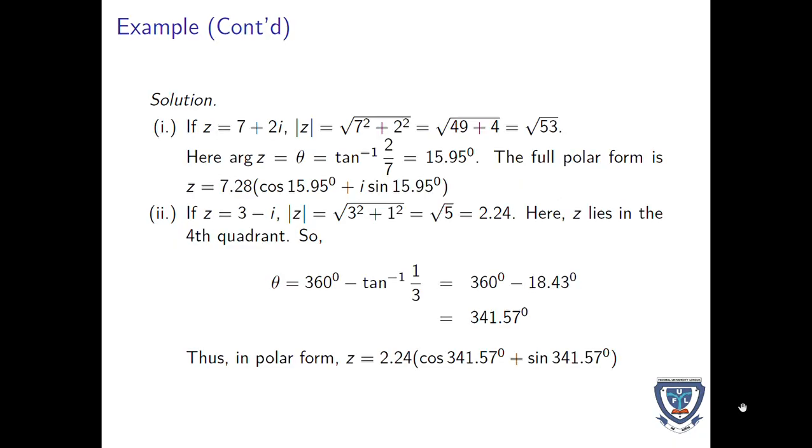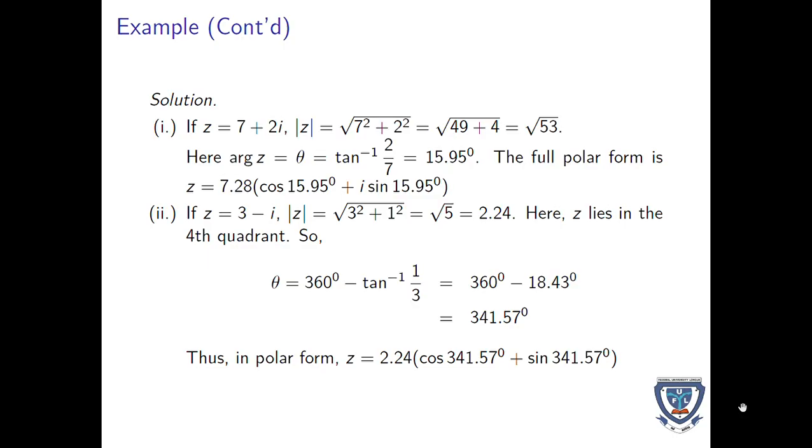If z is equal to 7 plus 2i, the modulus of z is square root of 53 and the argument of z is 15.95 degrees. Now, the polar form will be z equal to 7.28 in brackets cos 15.95 degrees plus i sine 15.95 degrees. That is how polar form is represented.